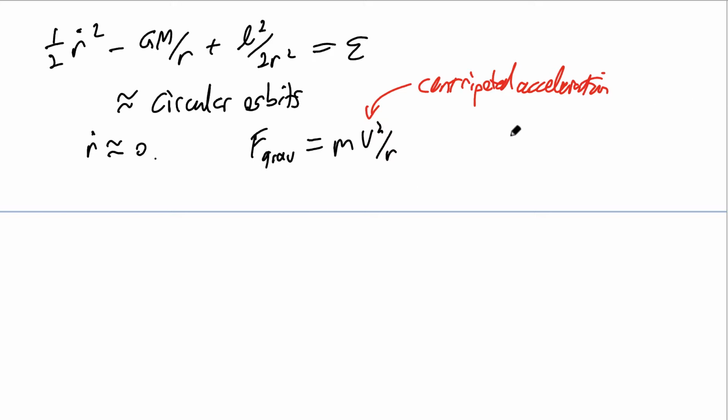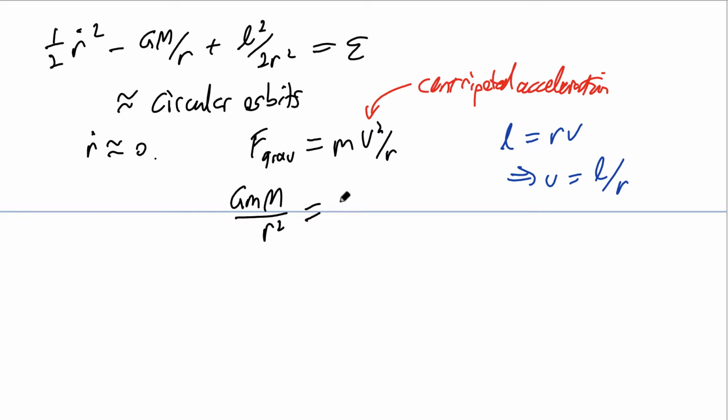And we also know that the angular momentum per unit mass is just r times the velocity. So that tells us that we can replace velocity with L over r. So this equation becomes GM over r squared, that's the magnitude of the gravitational force, is equal to m times L squared over r cubed.